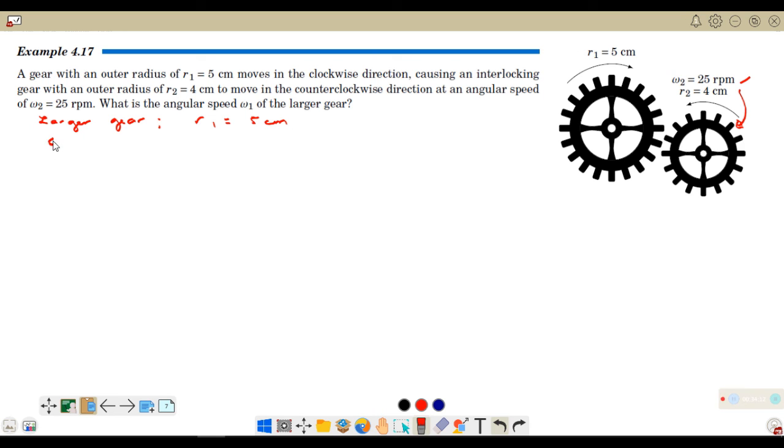For the smaller gear, alam natin that it has a radius of 4 centimeters and an angular speed of 25 revolutions per minute or 25 RPM. Ang hinahanap natin ay si angular speed of the larger gear, omega sub 1, na nawawala.